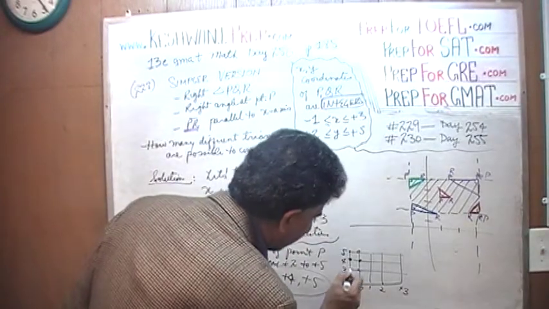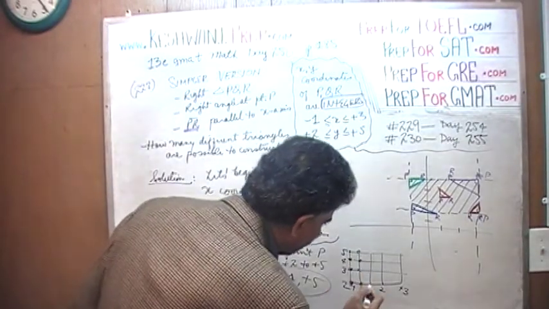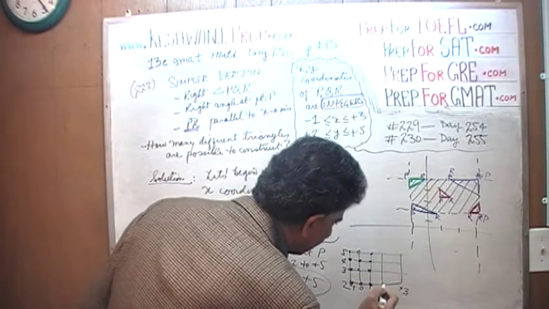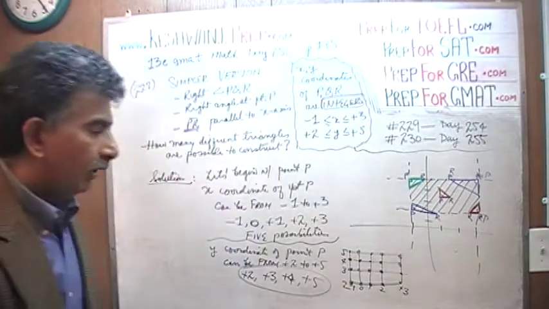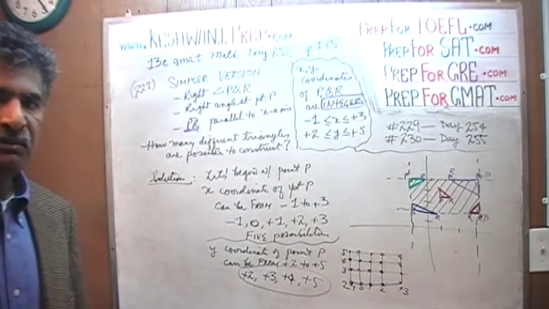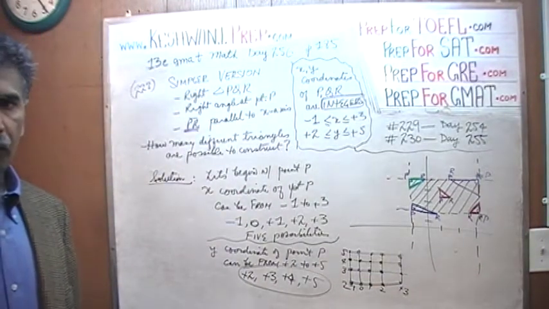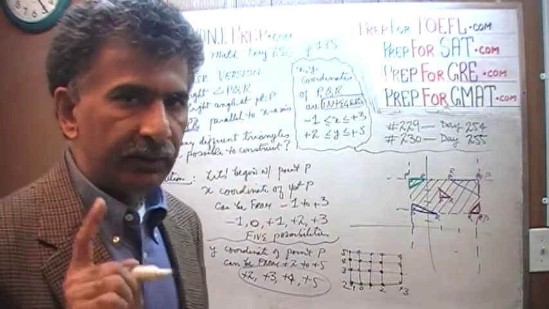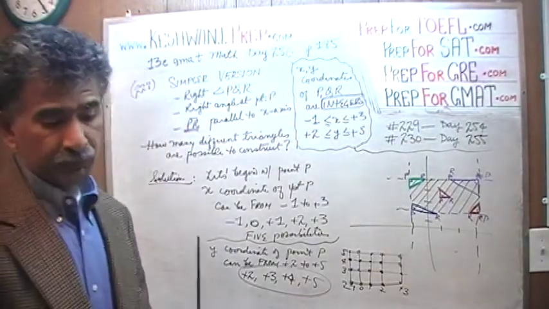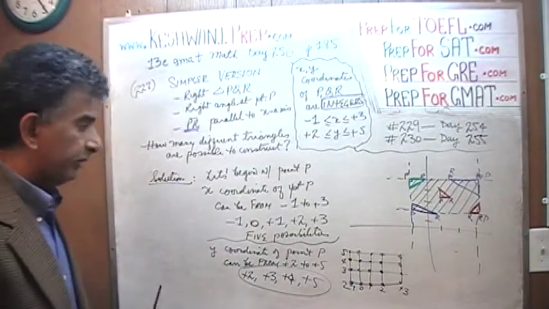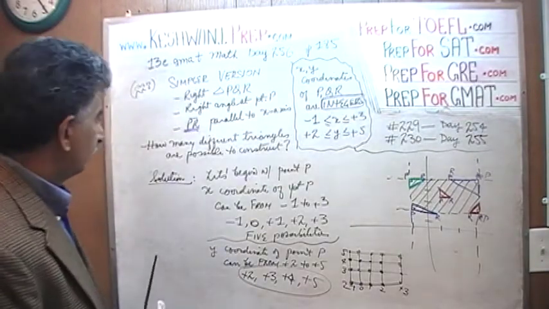So there, as you can see, there are only 20 possibilities where point P can be placed. Point P can be placed at 20 different locations. That's it. We're done with point P.